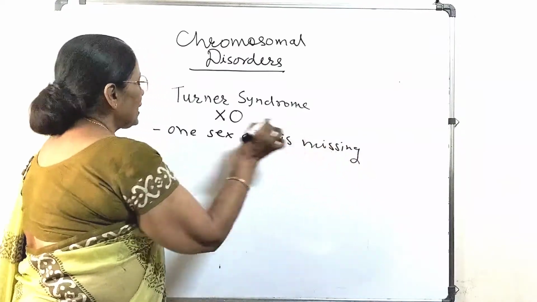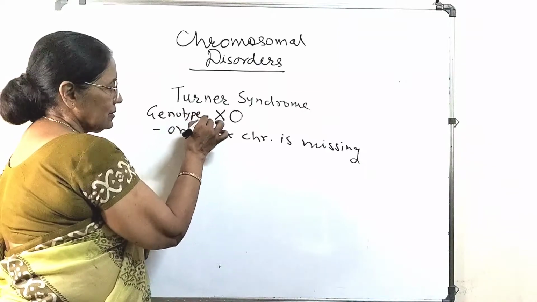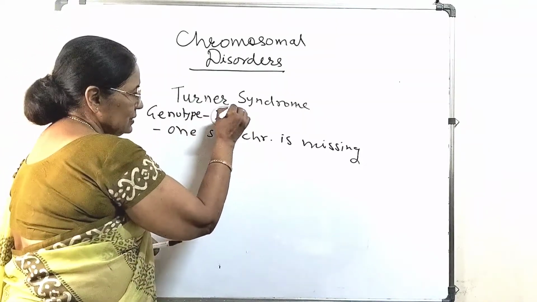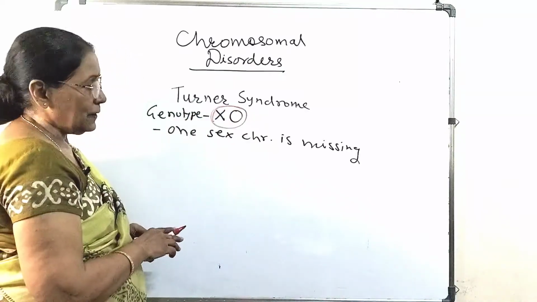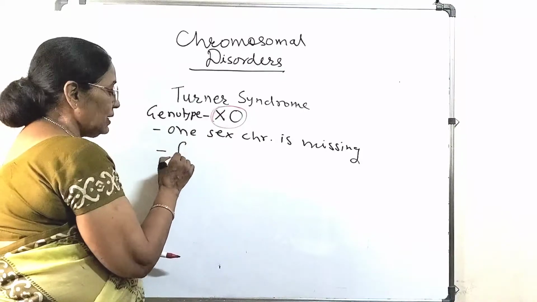So, the genotype of the individual is XO. Fine. So, one X chromosome is there. So, it is female.